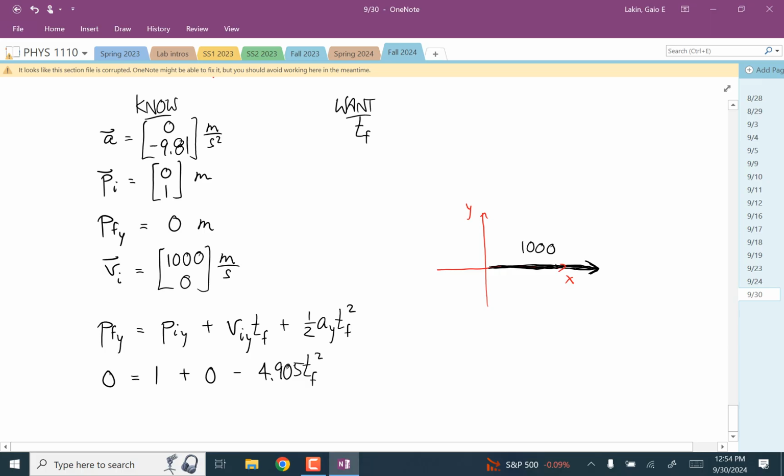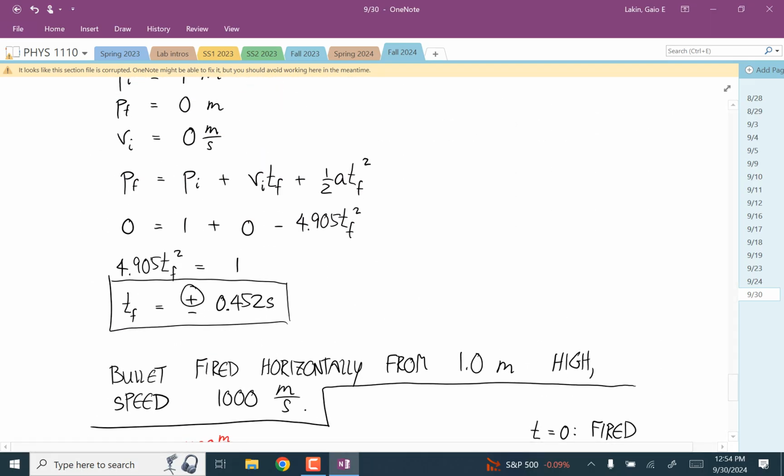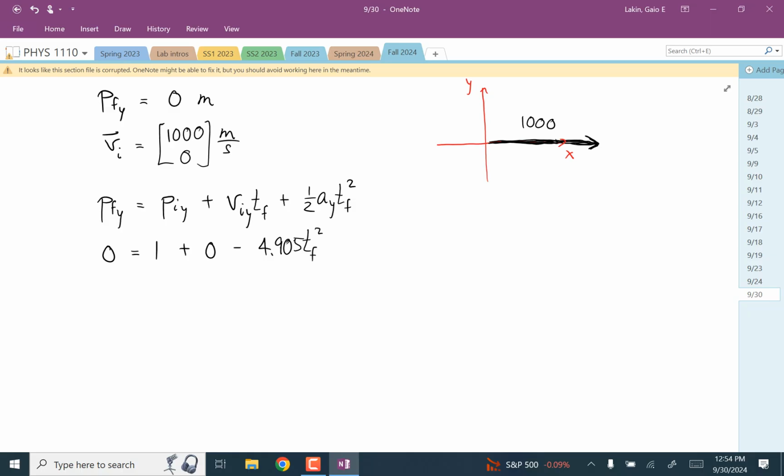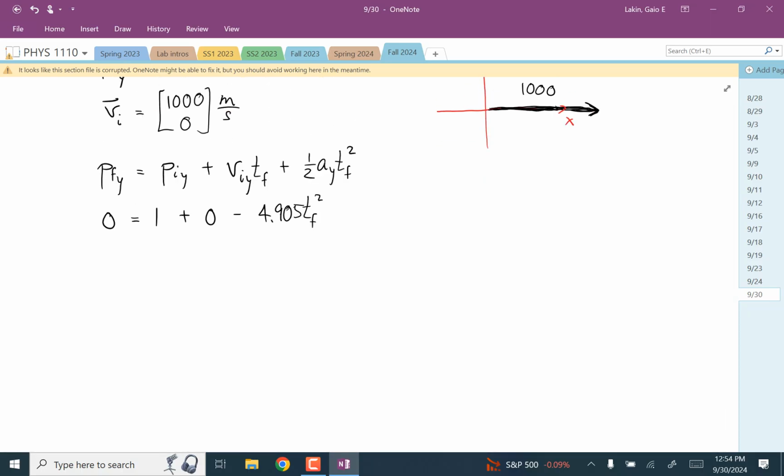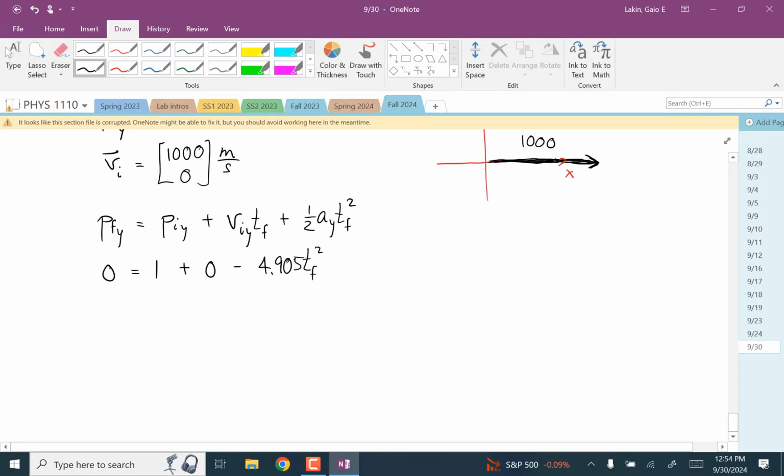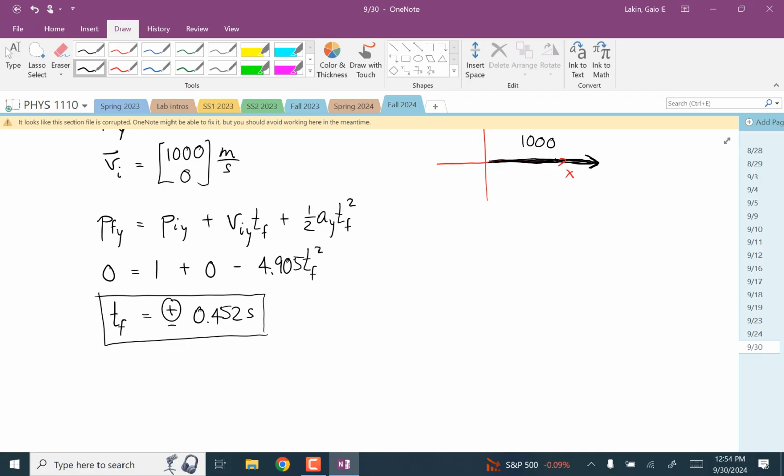And notice that now this equation in this form is the exact same equation that we got in the dropped case. 0 is equal to 1 plus 0 minus 4.905 TF squared. So we put in exactly the same values in all the same spots. There's no way to get a different answer. And so time final is positive 0.452 seconds. So those are exactly the same if that bullet is fired horizontally.